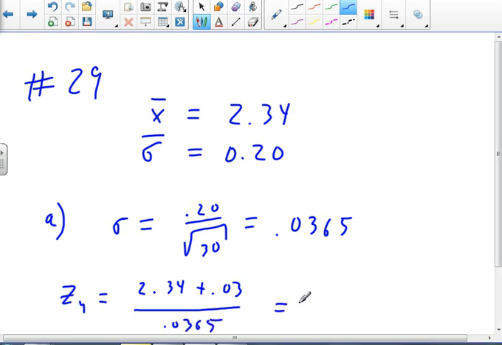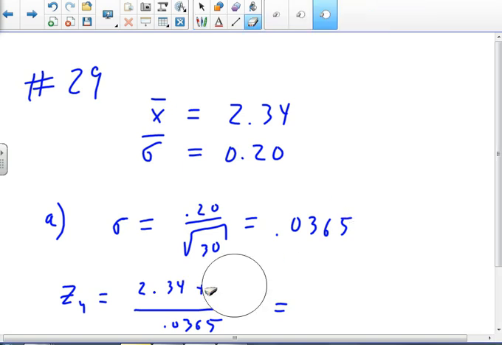That doesn't look good. That's not right. What are we doing wrong? The difference between the mean and where we're going. Okay, that's what we're doing wrong.